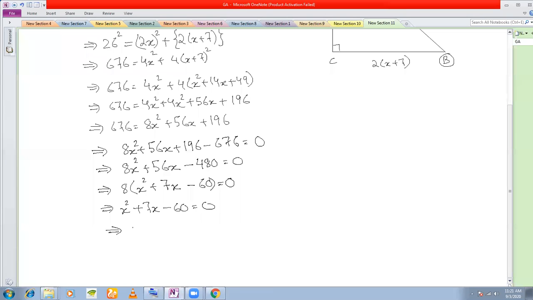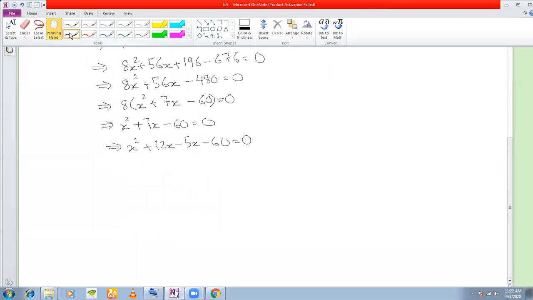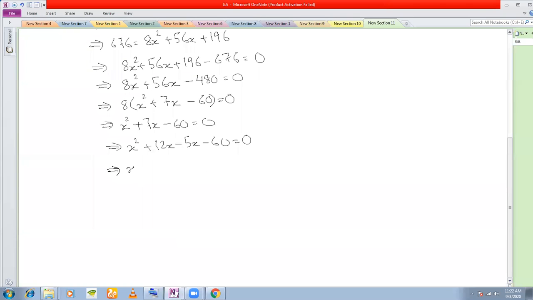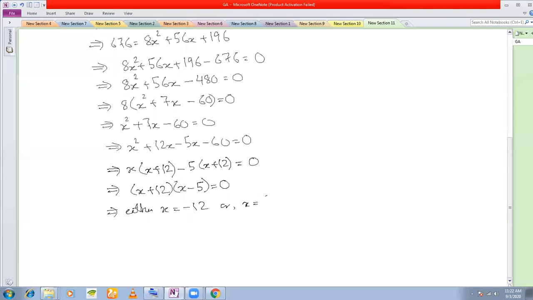Now you solve this quadratic equation. I think 12 and 5 should be the factors. Plus 12x minus 5x minus 60. Means x into x plus 12 minus 5 into x plus 12 equal to 0. That means you have x plus 12 into x minus 5 equal to 0. That means either x equal to minus 12 or x equal to 5.